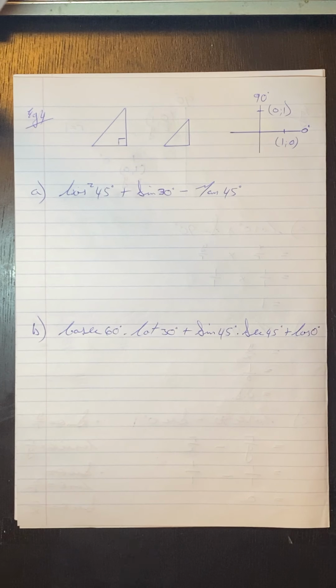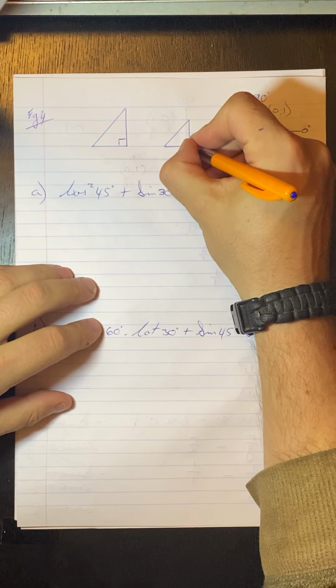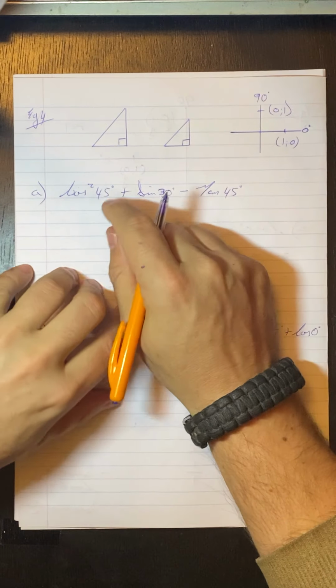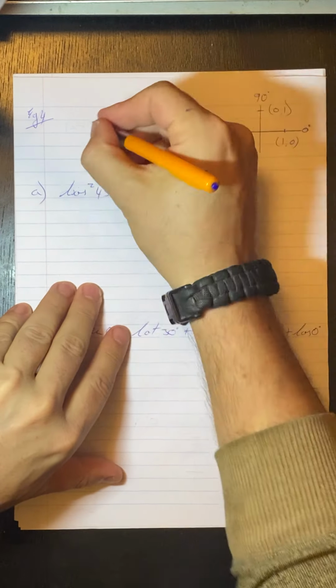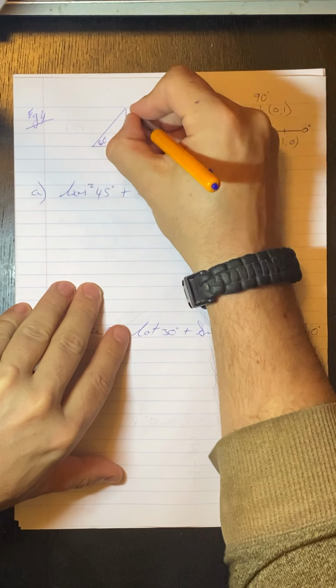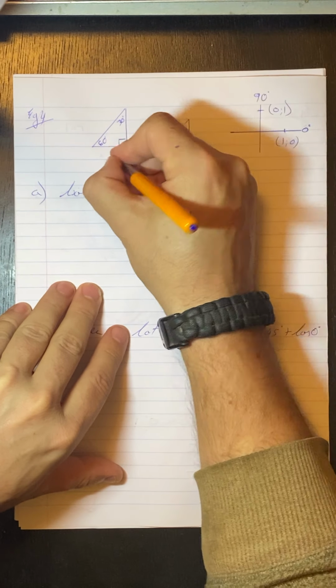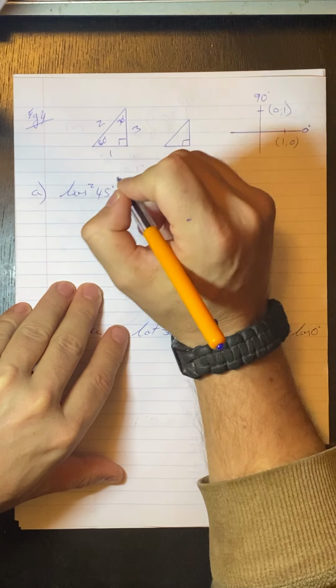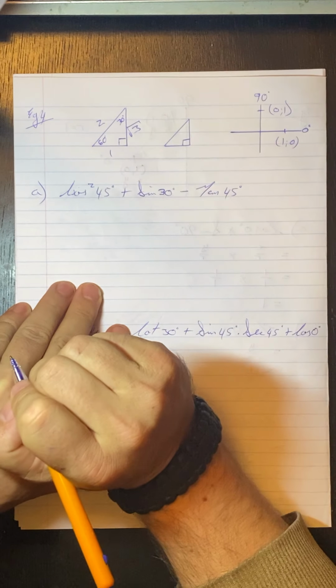Now the last example has got a combination of all of these. So I'm just going to draw up my little triangles again, and I'm just going to show you how easy it is. So you remember we go 60, 30, 1, 2, root 3. Make that a square root.